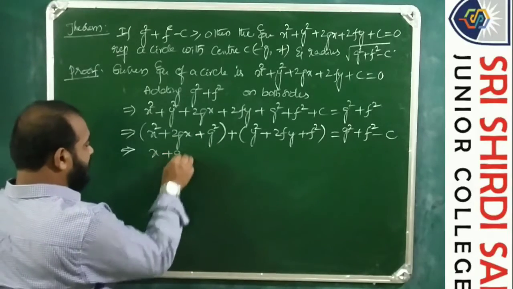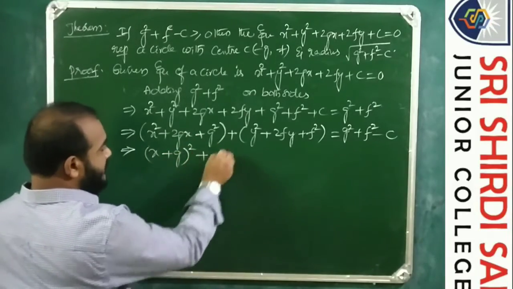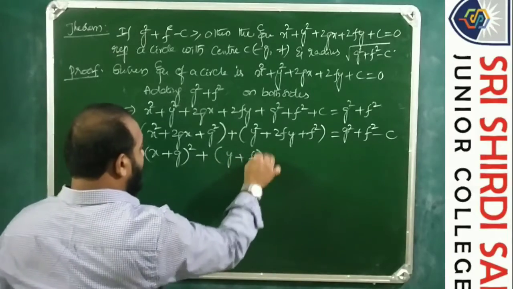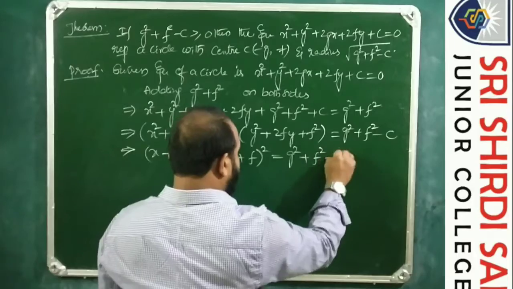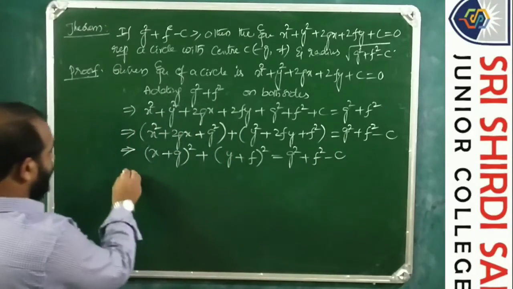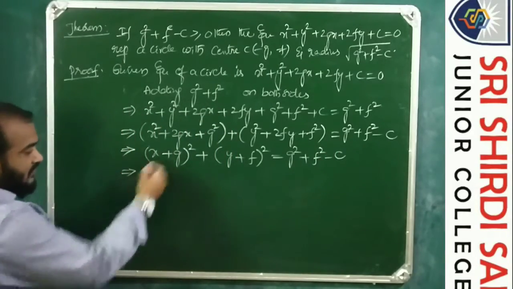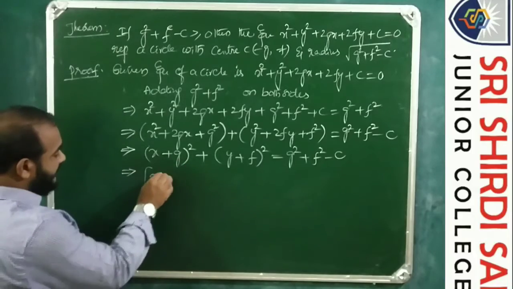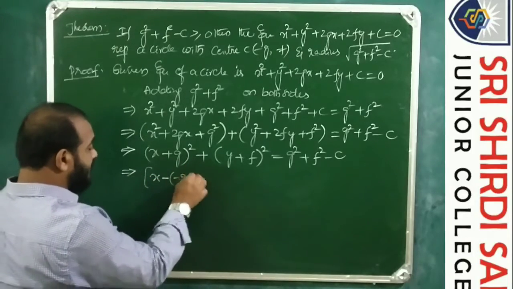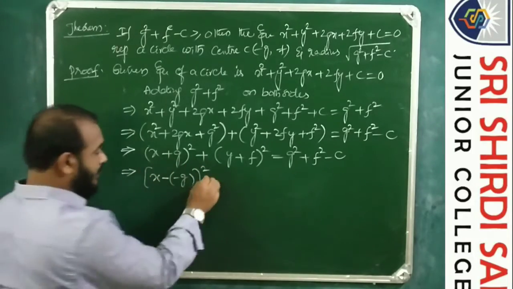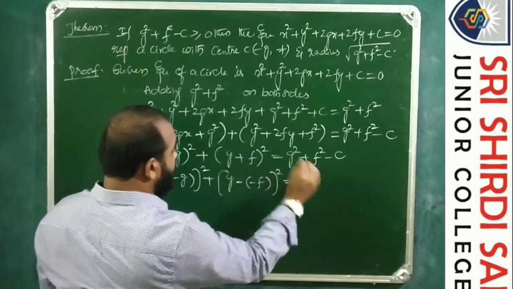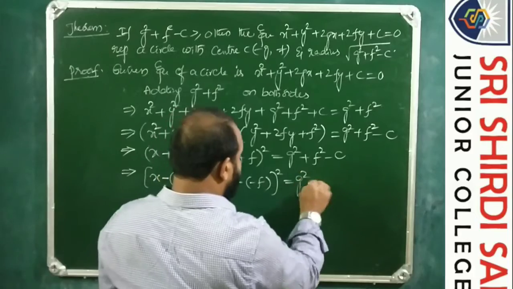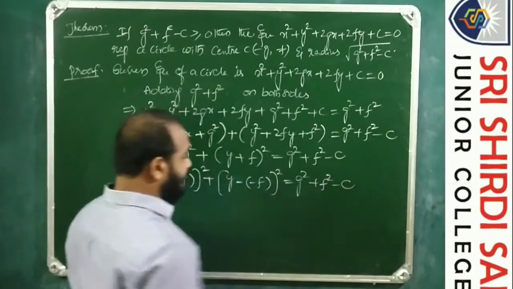This is (x plus g) whole square plus (y plus f) whole square is equal to g square plus f square minus c. This can further be written as (x minus of minus g) whole square plus (y minus of minus f) whole square is equal to g square plus f square minus c.